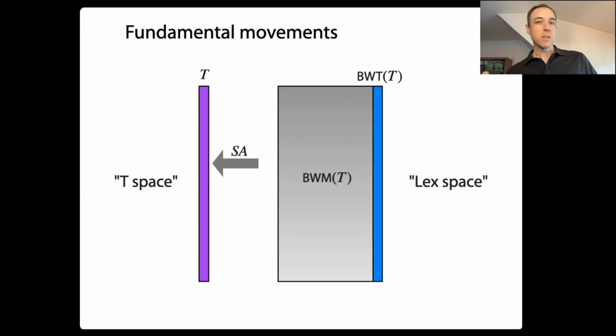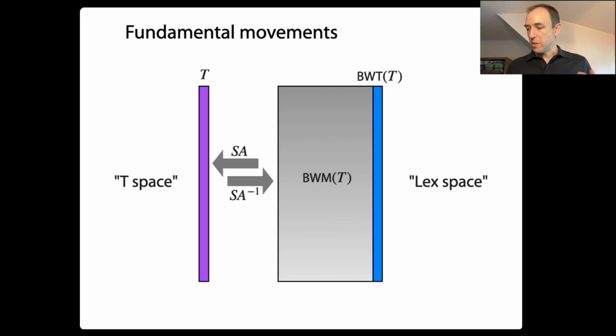So you could think of the suffix array as one way of encoding the function that gets us from lex space back to t space. We could go the other way too, in which case we use another structure, which is often called the inverse suffix array. I'll denote it with SA with a -1 in the superscript. Sometimes you'll see it referred to as ISA for inverse suffix array. So these two things are the functions that get us back and forth.